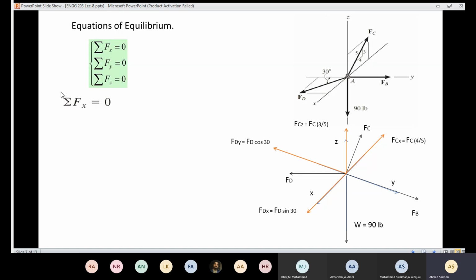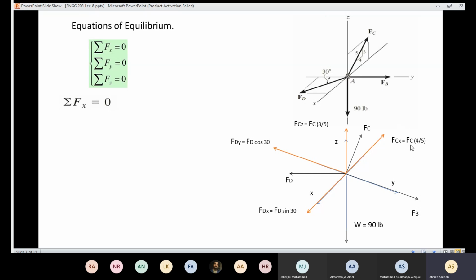So I'm going to start with summation of forces in x direction equal 0. Here we have the x-axis. I'm going to put all the forces in the x-axis and equate it to 0. So here I have that force, which is Fd sine 30, and it's positive.